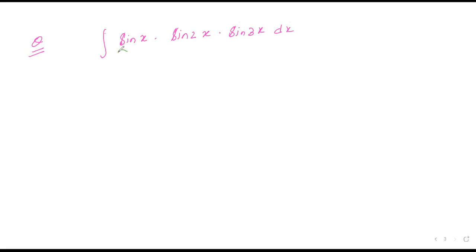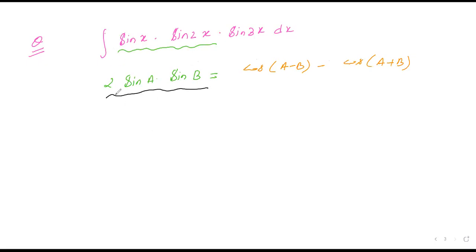Basically we have to use the identity of 2 sine A sine B. As we know, 2 sine A sine B equals cos of A minus B minus cos of A plus B. For that, you need an extra 2 here.